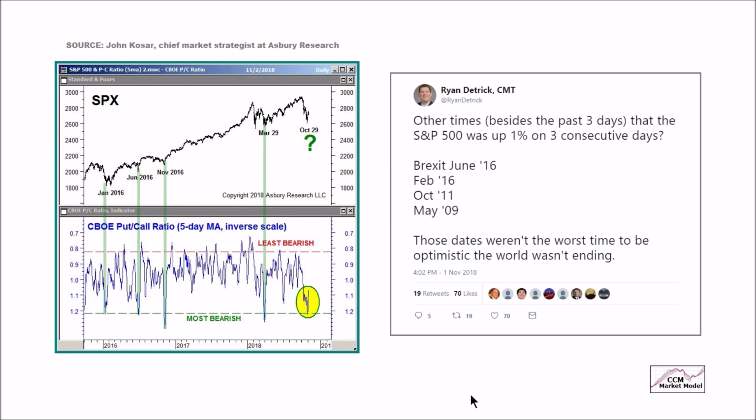We also have numerous setups in the present day. This one from Ashbury Research, basically saying that the put-call ratio in the present day looks very, very similar to recent lows. And maybe more importantly, we now have follow-through.